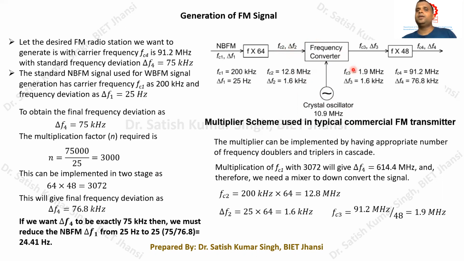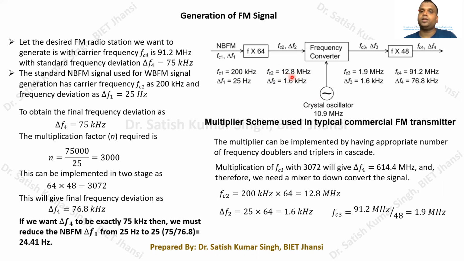So how to get that? We have FC2 equal to 12.8 megahertz here. So either we can choose the local oscillator frequency to be less than FC2 by 1.9 megahertz.